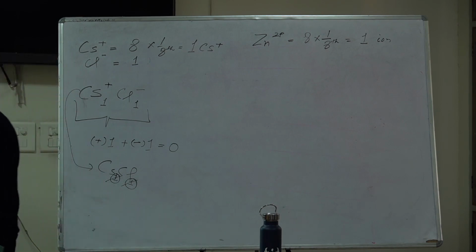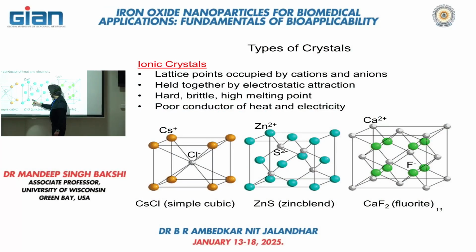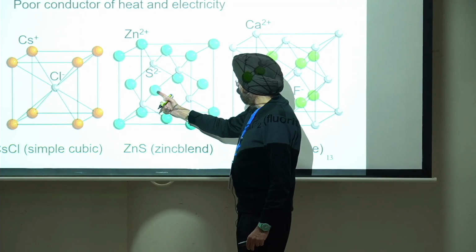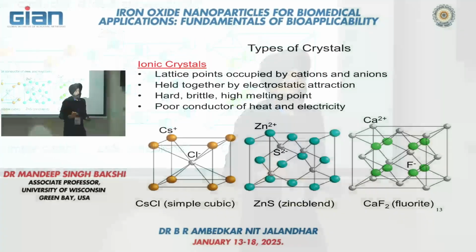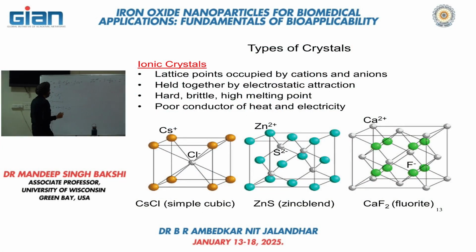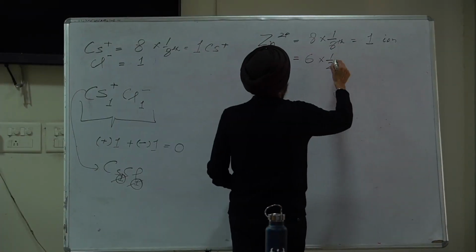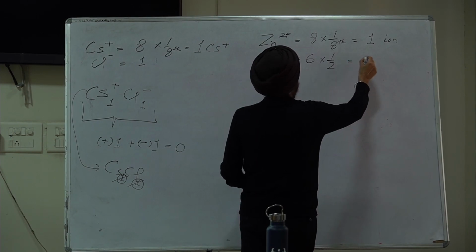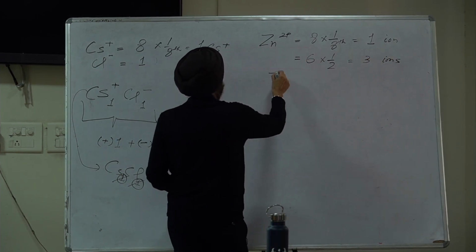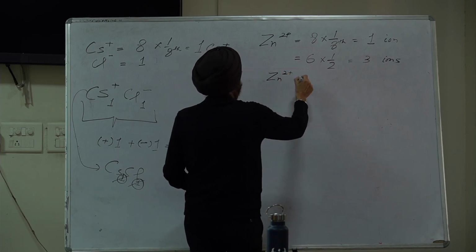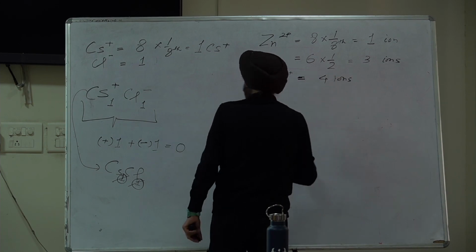You see the 6 ions? So this is the face. 1, 2, 3, 4. This one is the front face. This one is the back face. A cube has 6 faces. Okay, so therefore 6, 1/2 is contributed. So there are 3 ions. Zinc total has 4 ions.